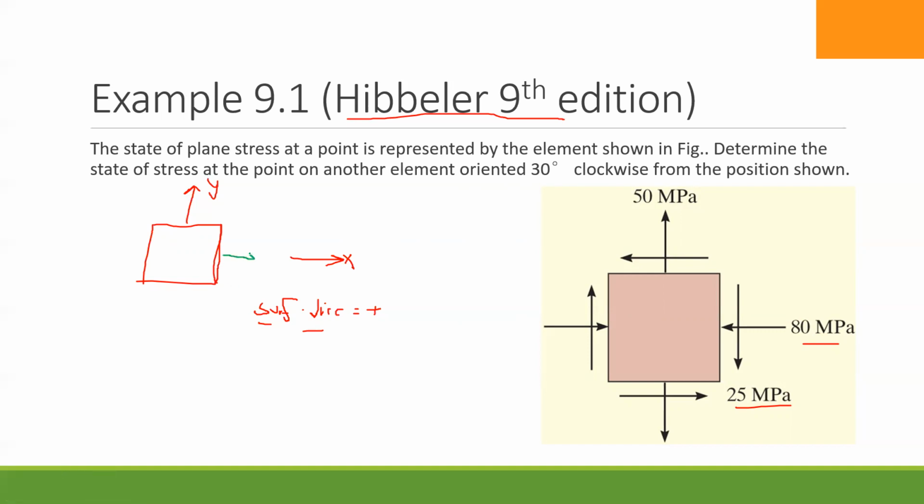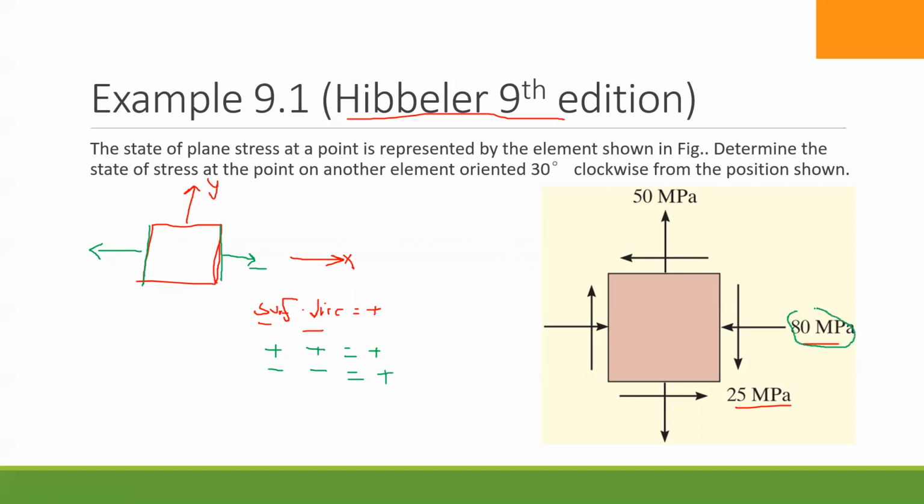In this section the direction is positive and the surface is also positive x, so this value is positive. But on this surface the direction is negative and the surface is also negative x, so the value is positive.